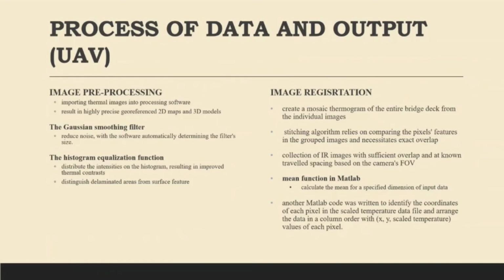In image processing, a Gaussian smoothing filter is used to reduce noise, with the software automatically determining the filter size. Then a histogram equalization function distributes the intensity on the histogram, resulting in improved thermal contrast and distinguishing illumination areas from surface features.